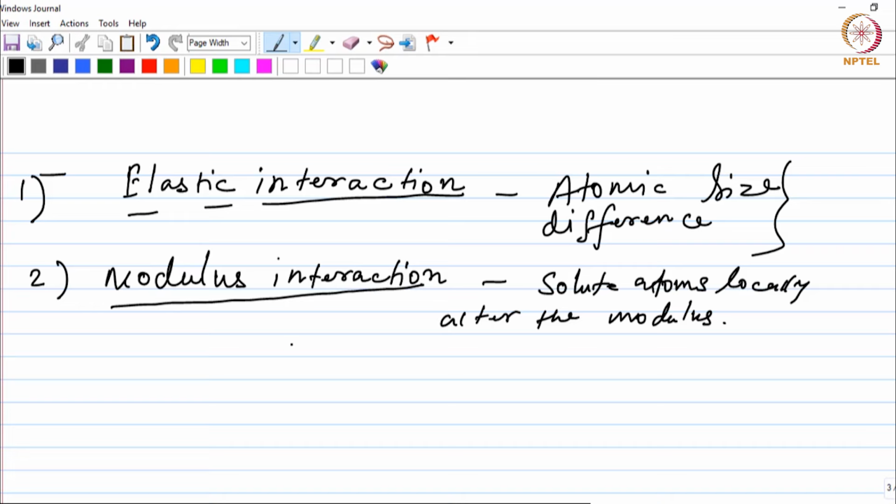And this will also lead to an attraction between the solute atoms and the dislocation.